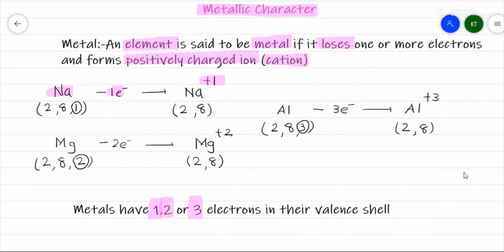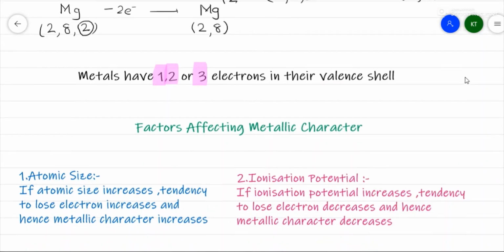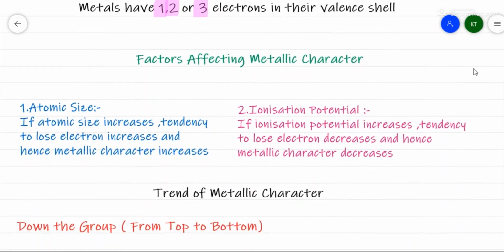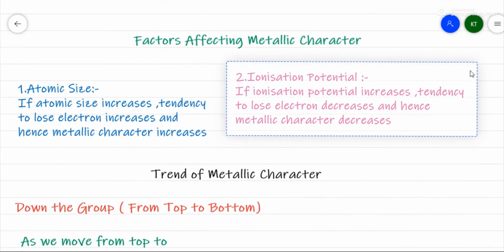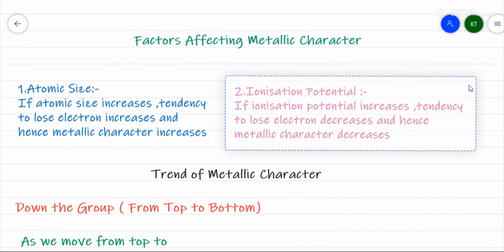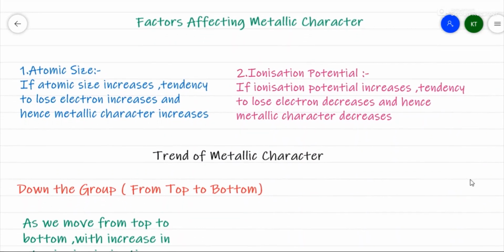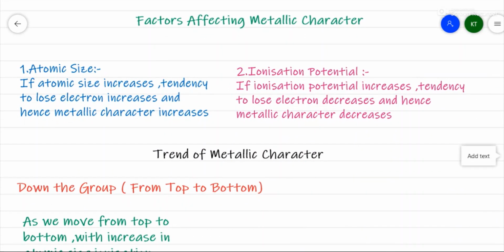Now let us continue our discussion on the factors on which metallic character depends. Let us see the very first factor, that is atomic size. If the size of an atom is larger, that means if the atomic size increases, the electrons will be loosely held.